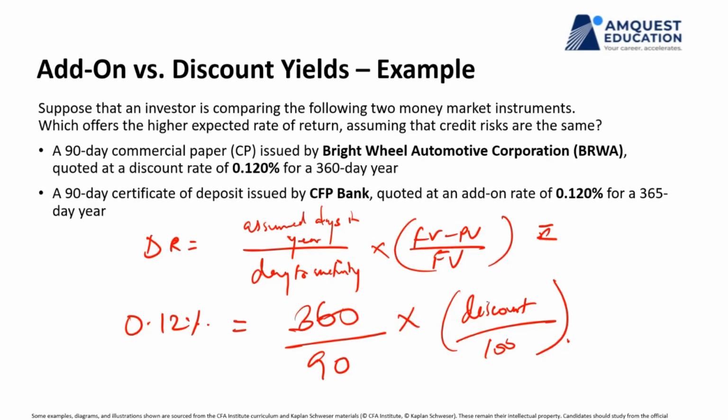So if I multiply 0.12% into 90 multiplied by 100 divided by 360, 0.03. This is going to get to 0.03, which means the bond is going to sell at $99.97.